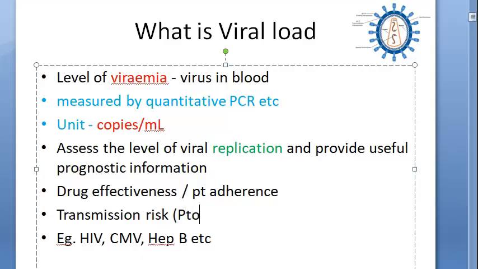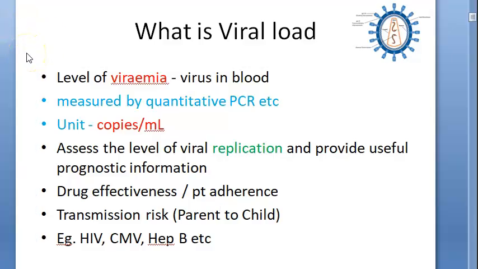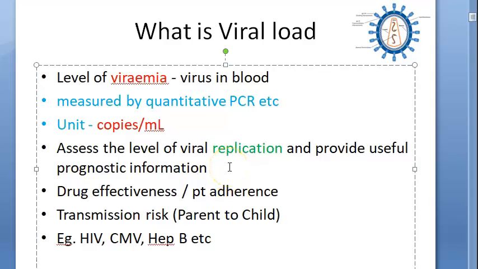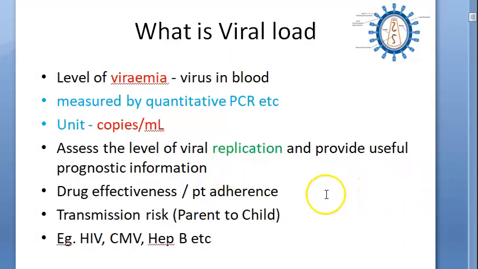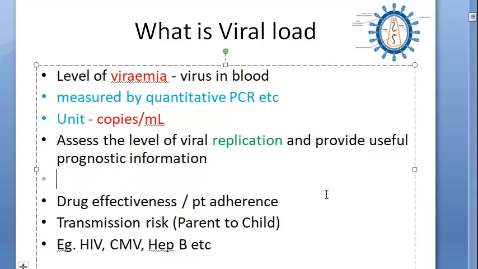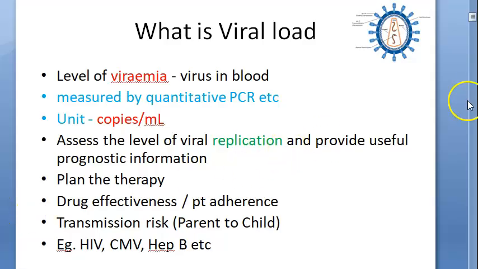Parent to child transmission also you will have to think about, okay? So all this, it will help you understand the prognosis and plan the drug therapy to give. Okay, so this is about viral load.